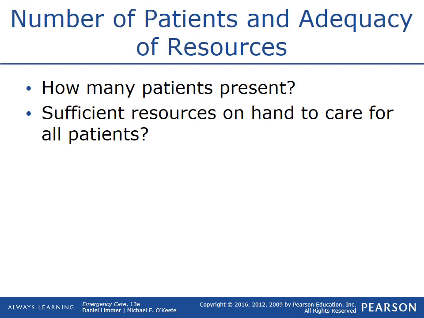You also need to know how many patients you have and do you have enough resources to care for them? Because during your scene size up is a good time to figure out, do I need somebody to help me carry this 425-pound patient out? Or maybe you suddenly have developed a second patient.